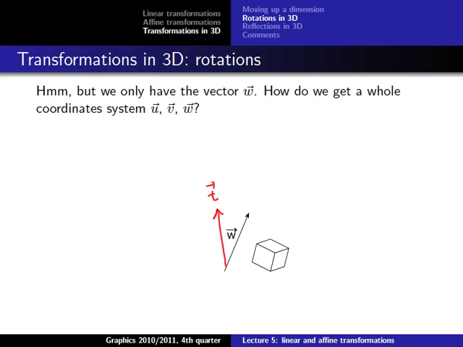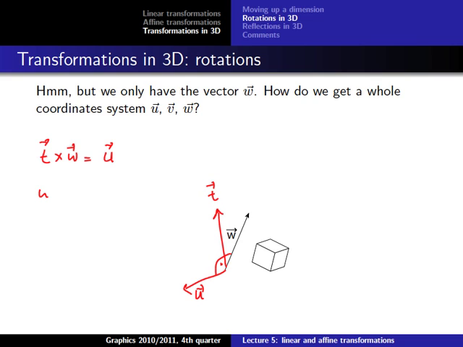And then we can use that to create a vector that is orthogonal. Most likely t, since it was pretty much chosen randomly, is not orthogonal to w, but if we build the cross product with w, we get our first vector u, which has a right angle to both of them, including w.